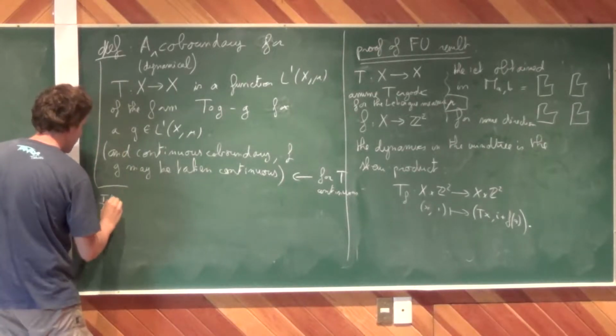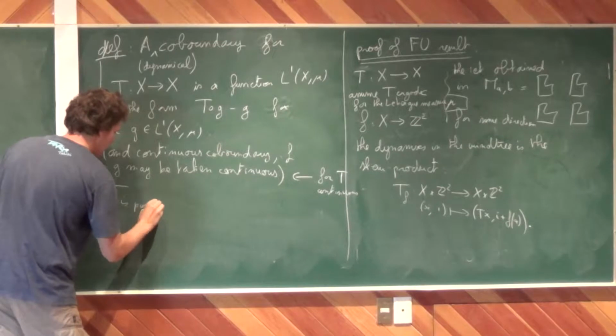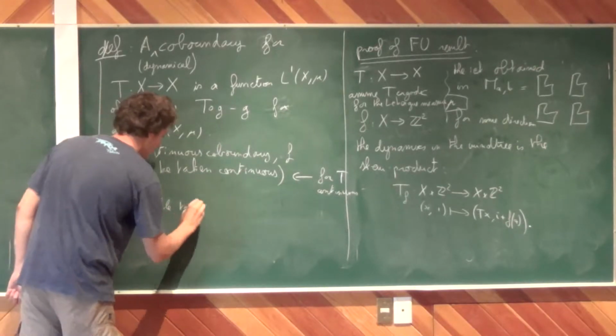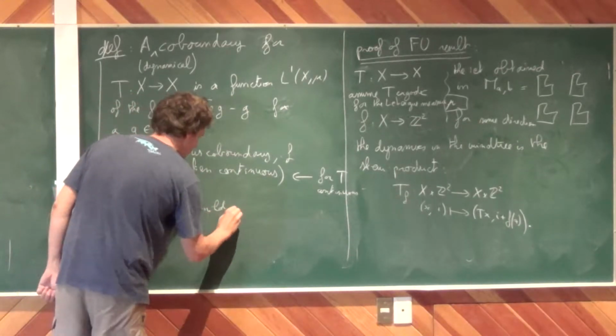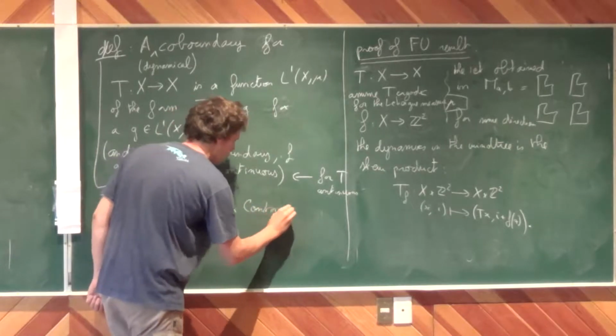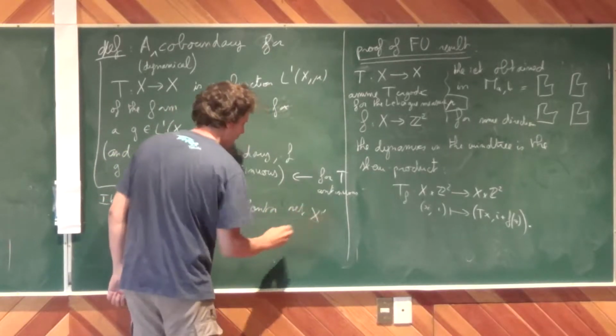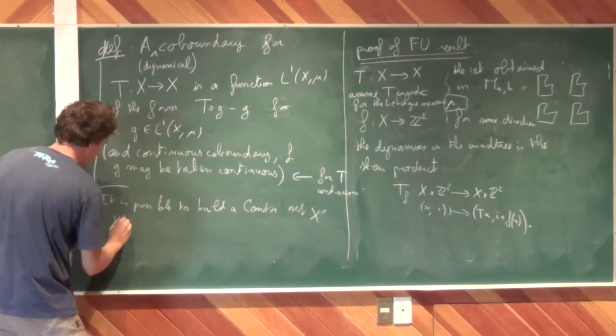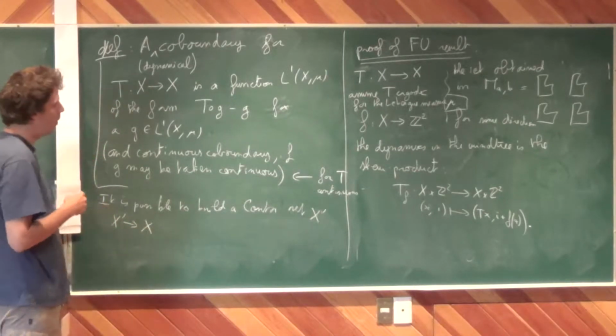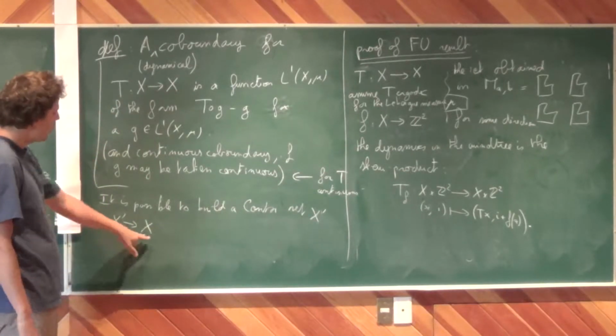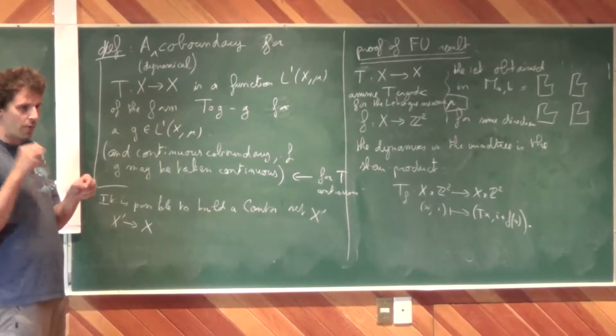It is possible to build a Cantor set, let's say X', with a projection from X' to X, which is almost one-to-one except on a countable set of points where you have double preimages.